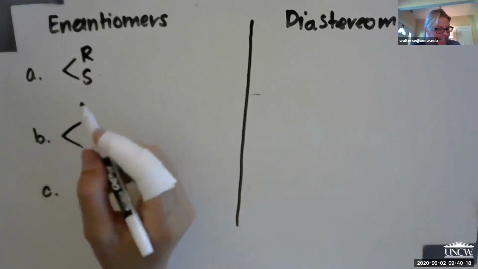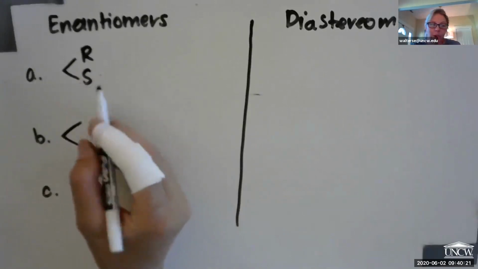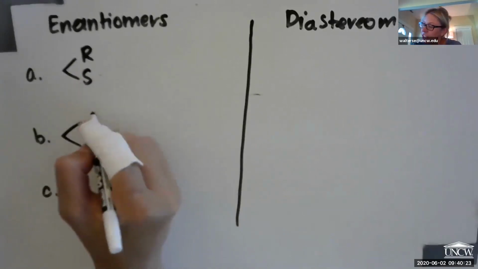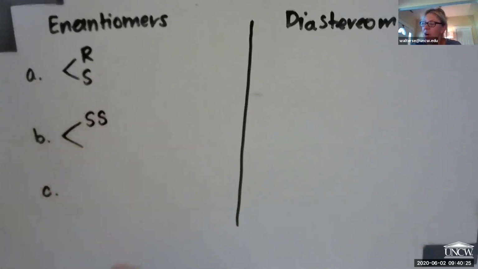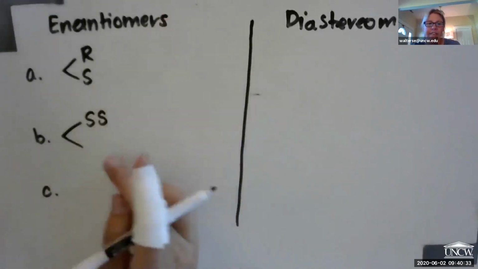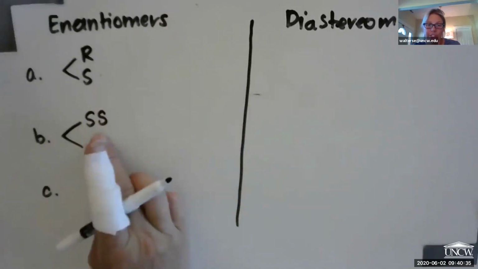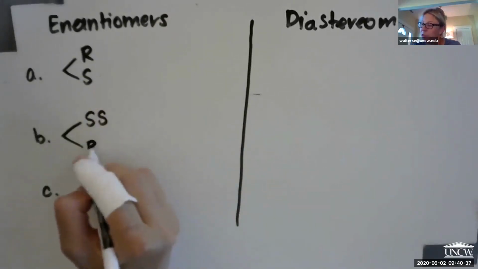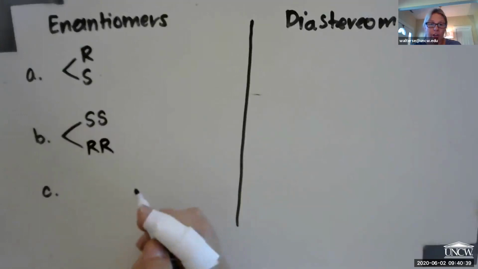Let's say in the second example, we say our first enantiomer is S at one chiral center and S at another chiral center. Okay, in order to be enantiomers, they have to be opposite at all chiral centers. So the enantiomer would be R, R. Okay.